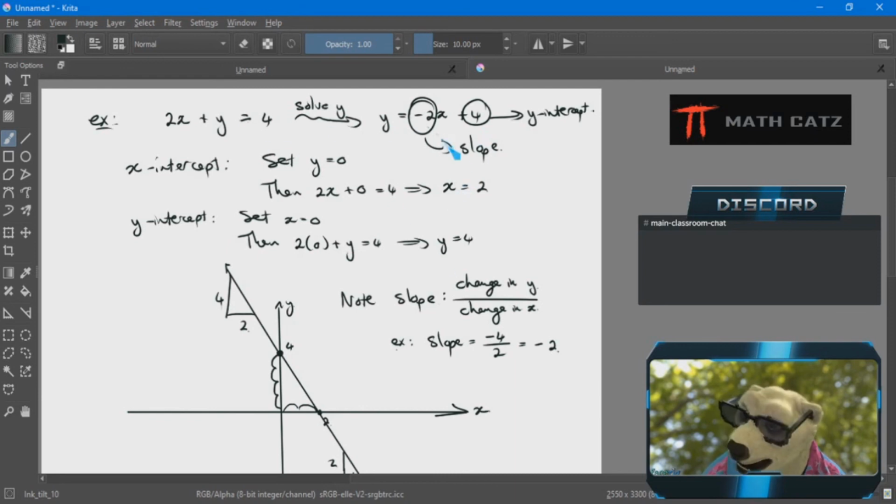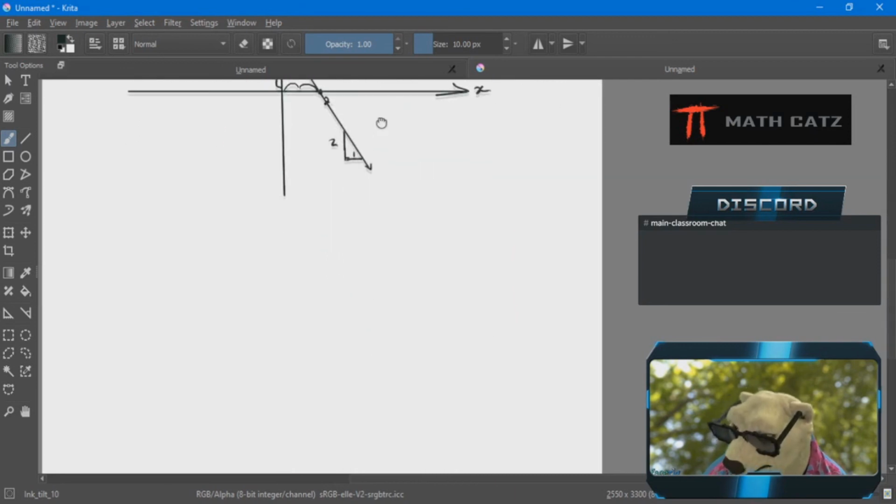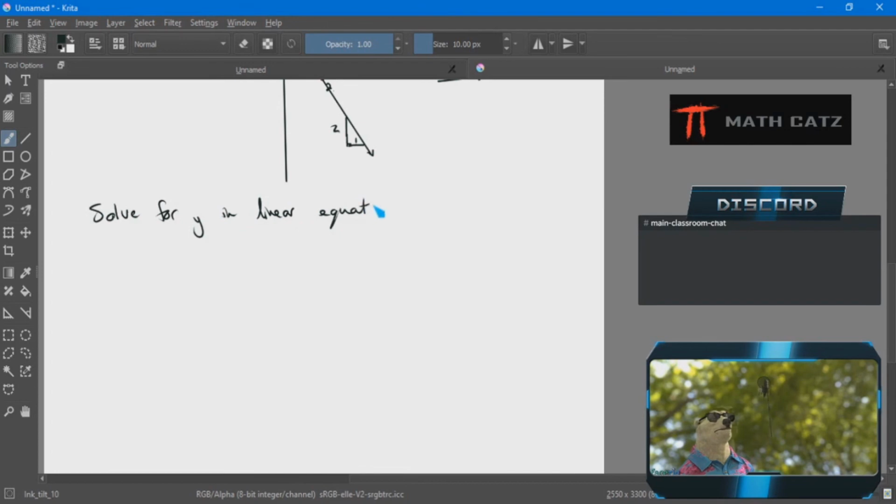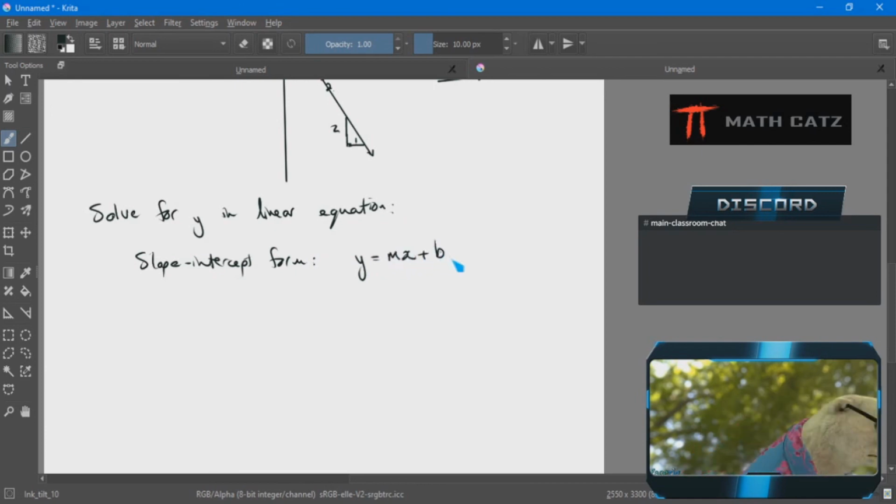So when I solve for y in the linear equation, I'm going to get what we call slope-intercept form. And in general, we write y equals mx plus b.